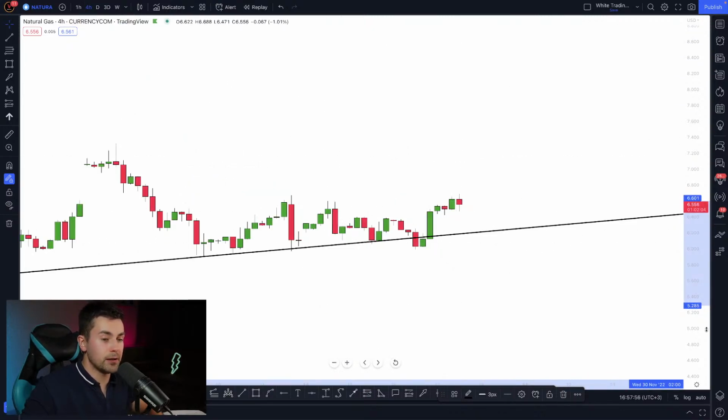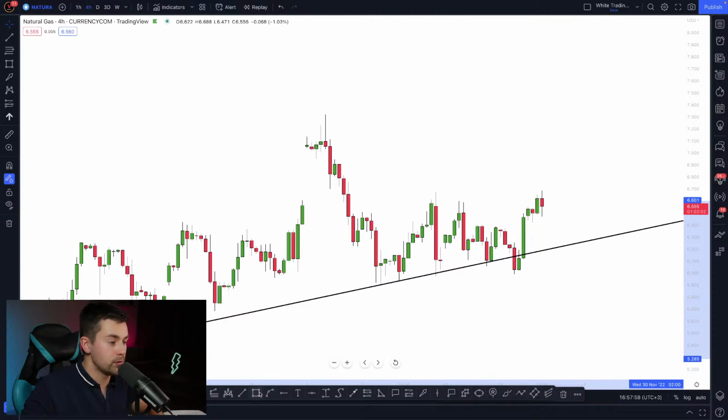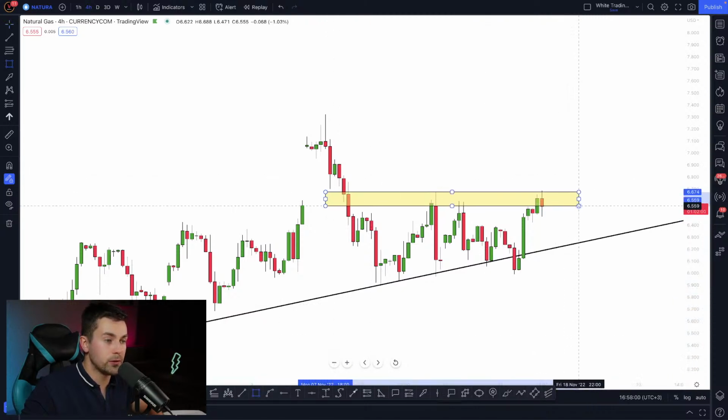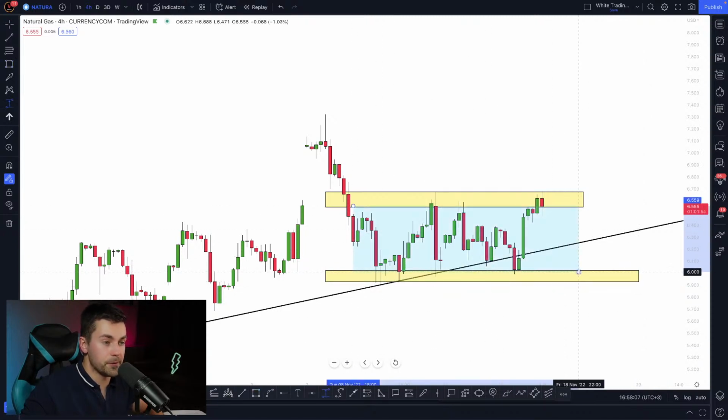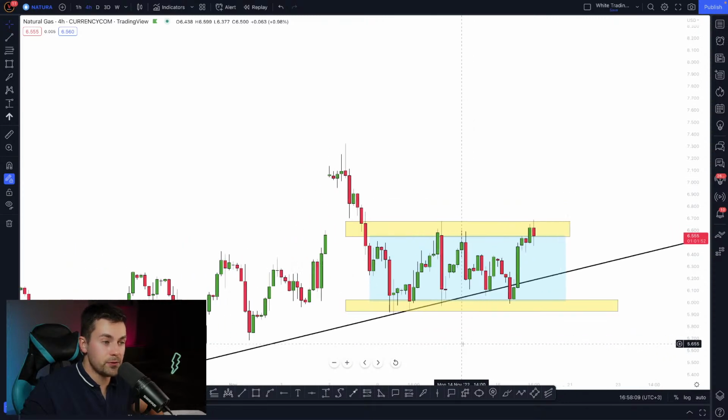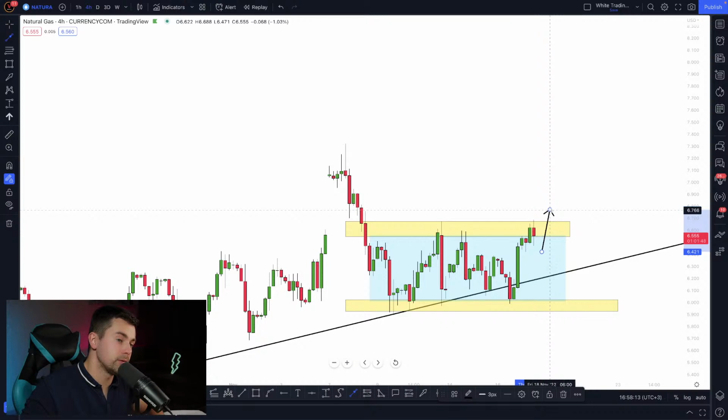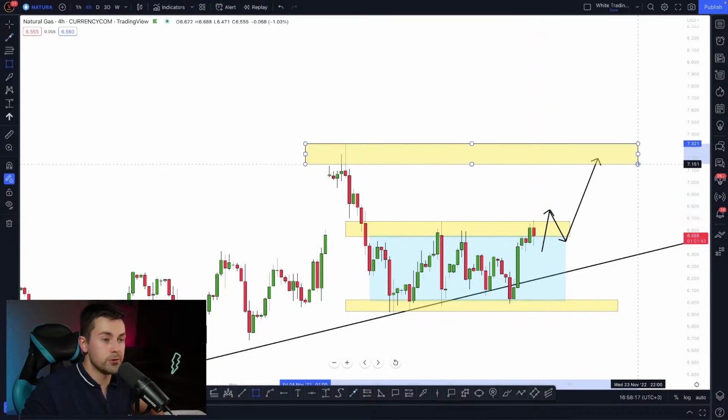And if we open a 4-hour time frame, you can see that at the moment natural gas is ranging. We are trading within a horizontal range right here. And I believe, traders, that if we violate the resistance of that range to the upside, it will push the market much higher.